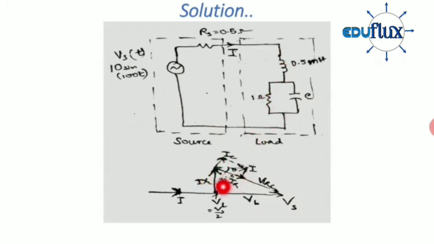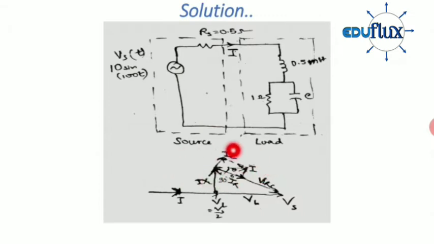So this voltage is known, this voltage is known. So this RC voltage phasor will be something like this. Now the current through the resistor will be in phase with the voltage across the RC unit, and the current through the capacitor will be 90-degree leading the voltage across the RC unit, such that the net resultant current is the same as the current I given by the supply along this direction.